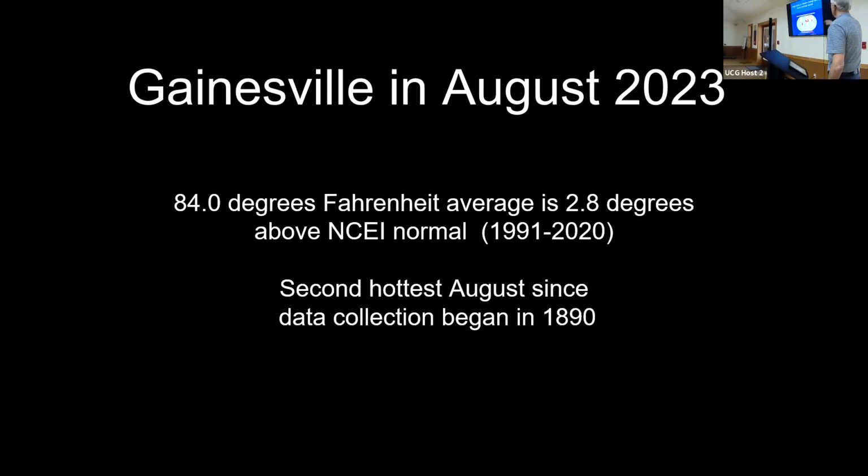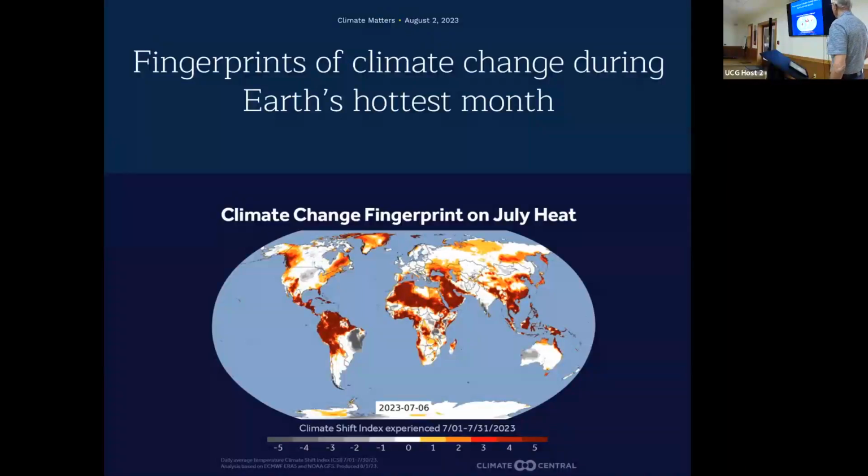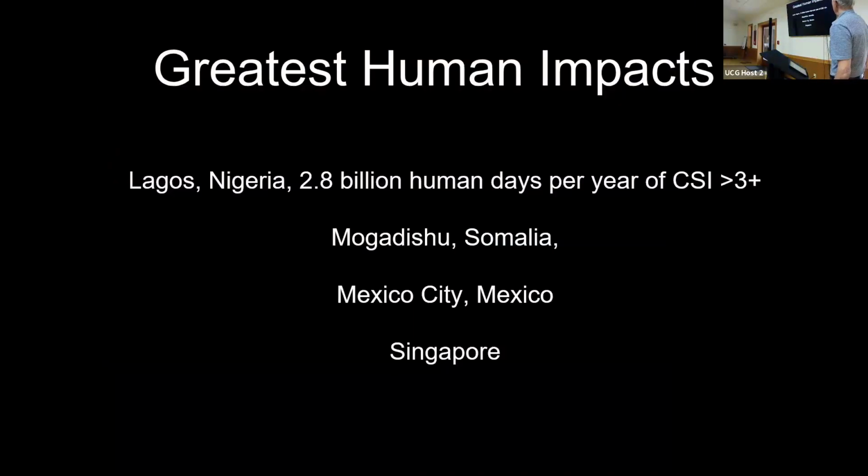You can also see from around the world in the month of July where there were high climate shift index readings. And they did a one-year study. They came out with this index just last year in 2022. They also did a one-year study of where the greatest human impact is for extreme heat events.